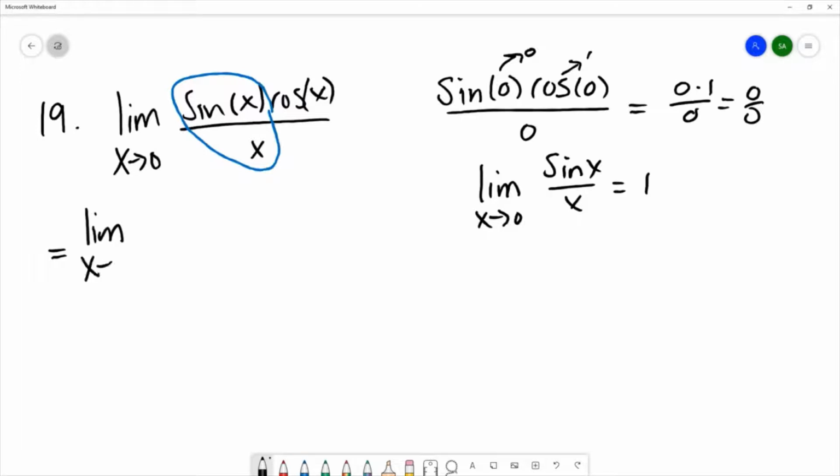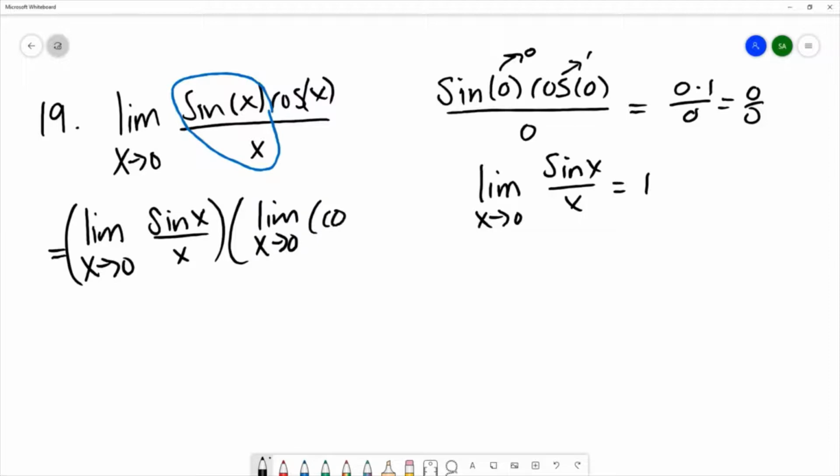We're going to apply the limit to this factor of sine x over x, and then also apply the limit as x approaches 0 of cosine x. So we know the first limit is 1 because we've memorized that special limit. And the limit of the second one we'll use direct substitution to get cosine of 0.